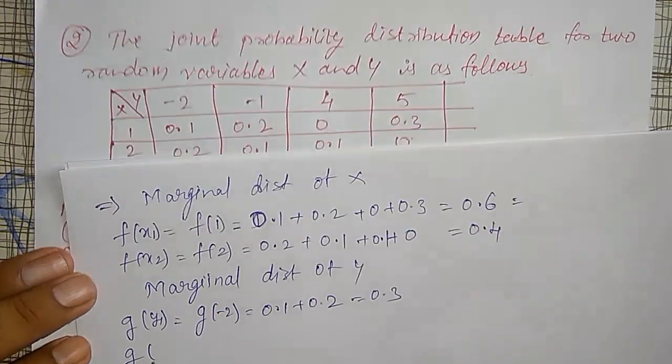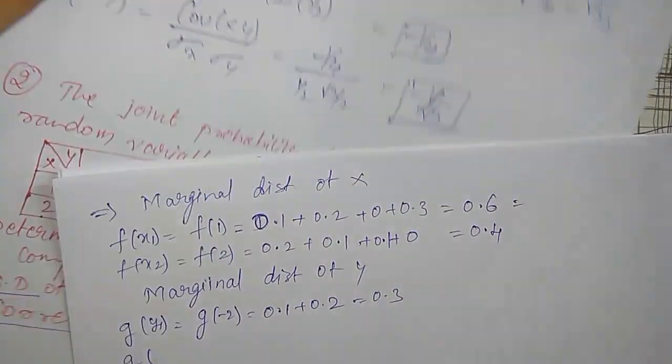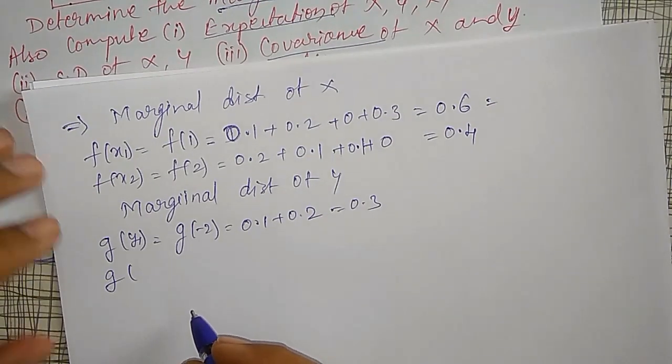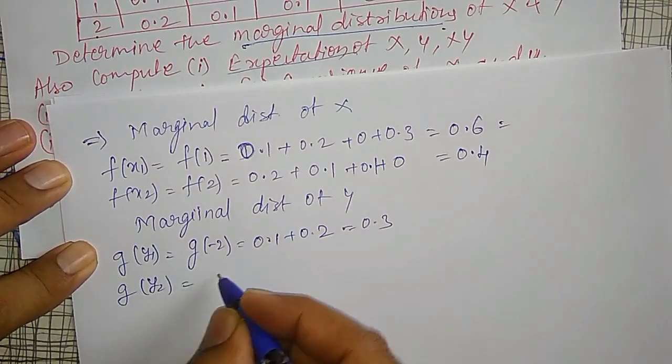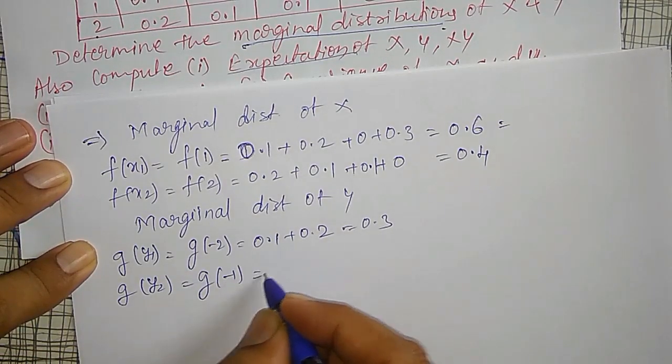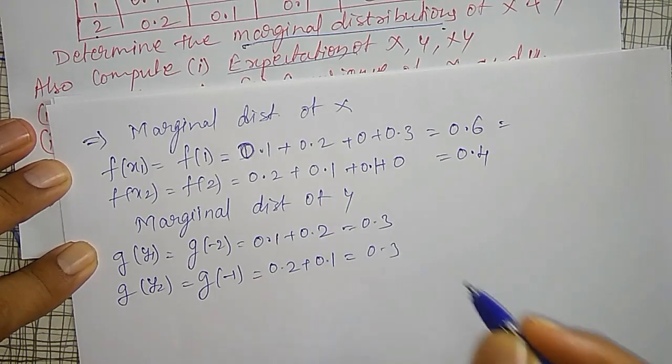Next G of -1, that is g of y2, that is G of -1, 0.2 plus 0.1, that is 0.3.